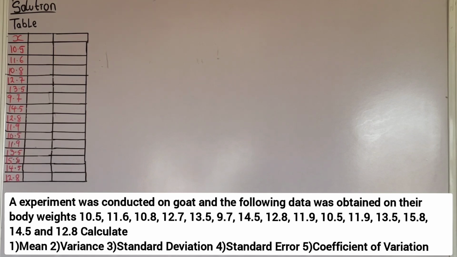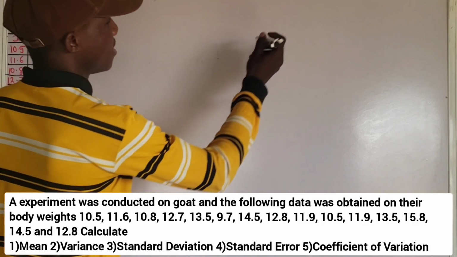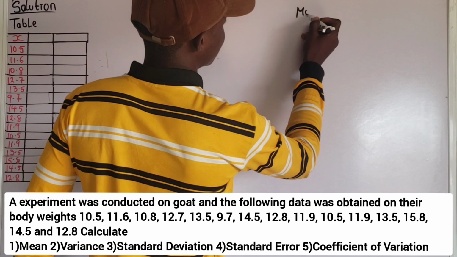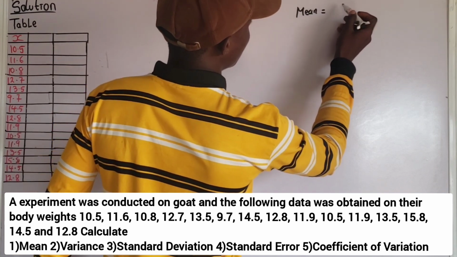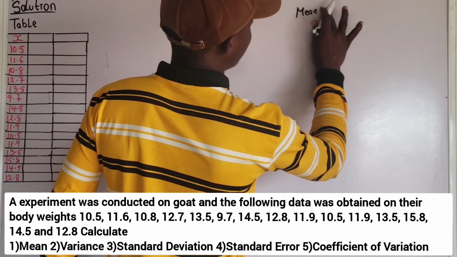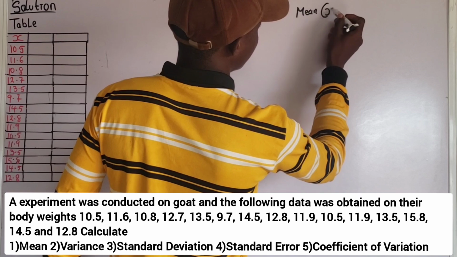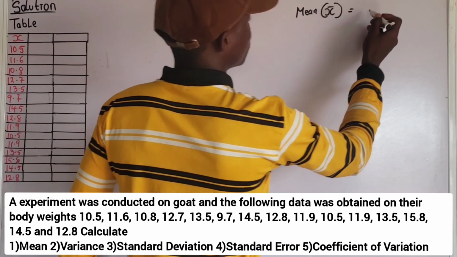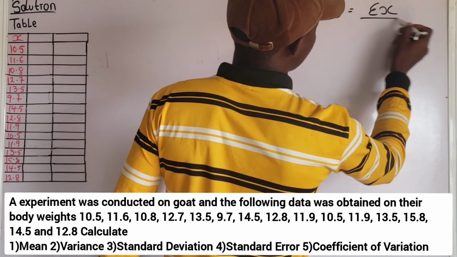Now, let's start with the first question. The first question says we should calculate the mean value. Don't forget that the mean is given by this formula: mean, x bar, is equal to summation x all over n.